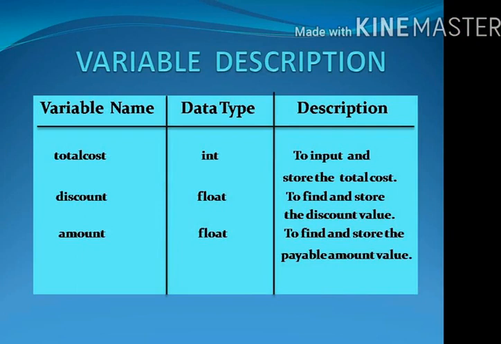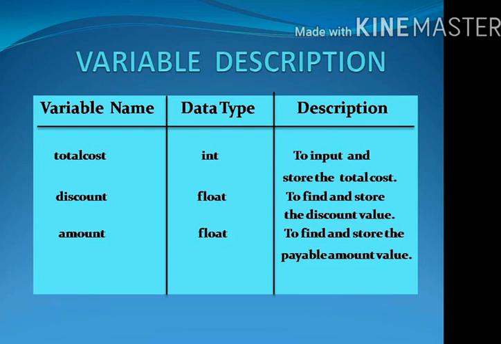The variable description table contains 3 columns. The heading of the first column is variable name. In the same way, the second column is data type or return type, and the third column is description. Here the first variable is totalCost. The data type is int, to input and store the total cost.